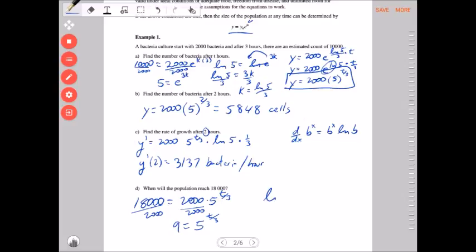So log base 5 of 9 equals t over 3. So t is going to be 3 log base 5 of 9. And when you type that into your calculator, you get 4.1 hours. Okay, so that is exponential growth.